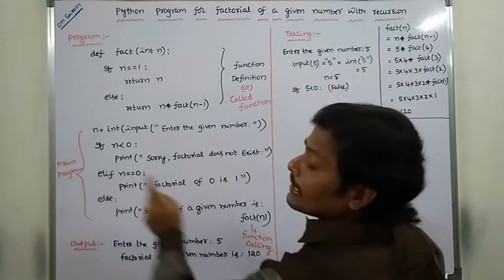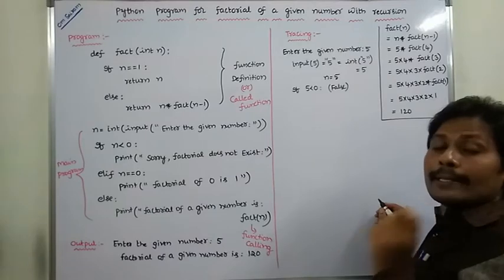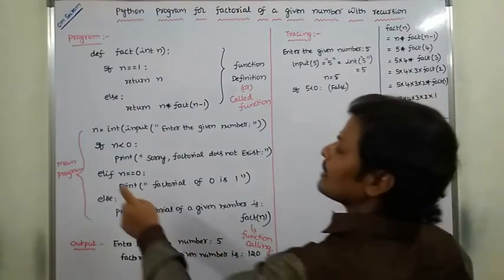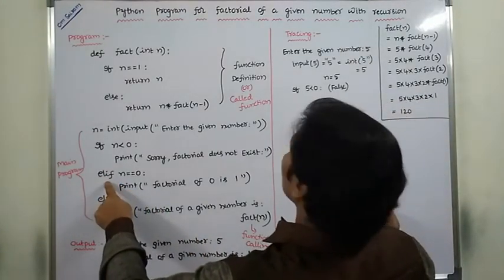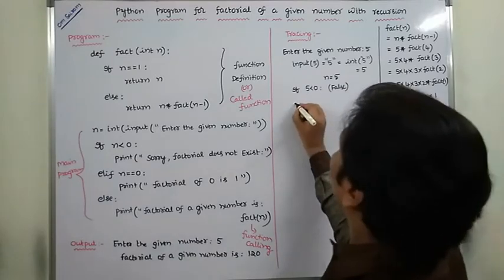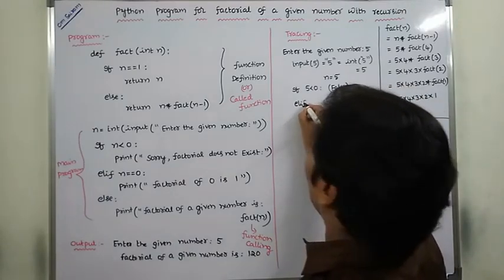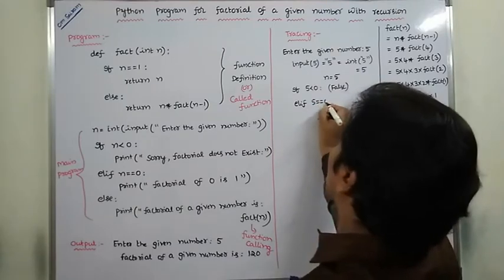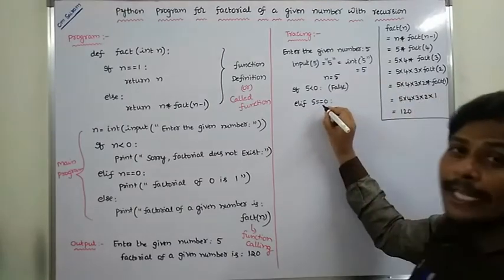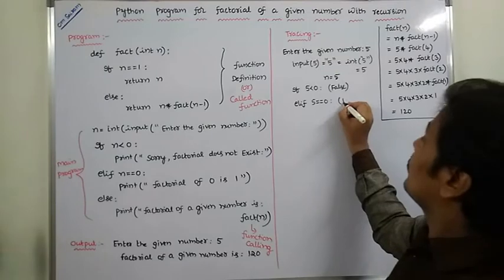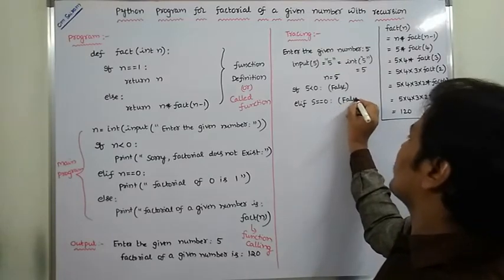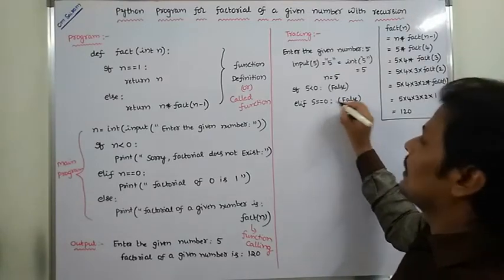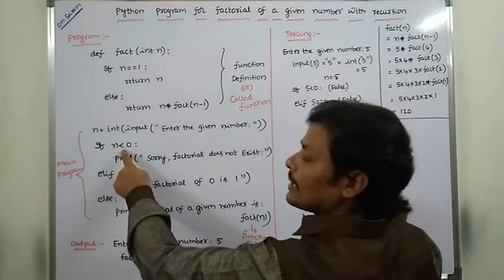Elif is nothing but else plus if. Here elif 5 equal to 0. 5 is equal to 0, so this is also false.